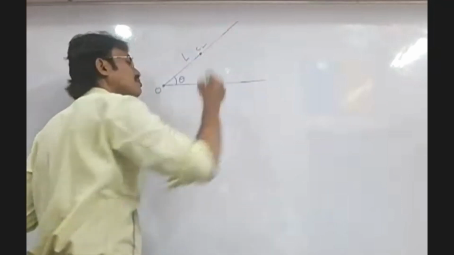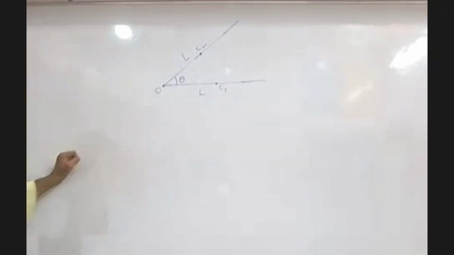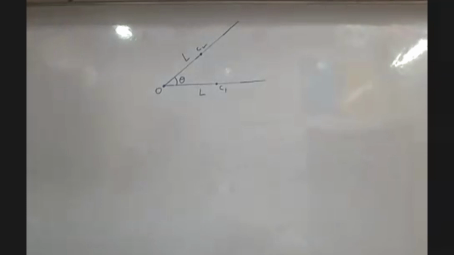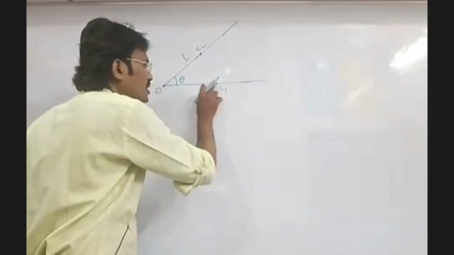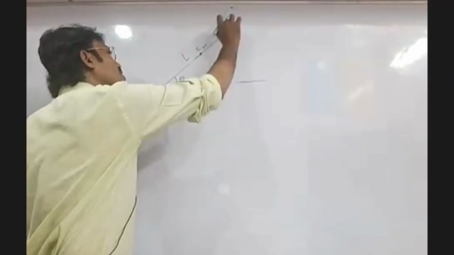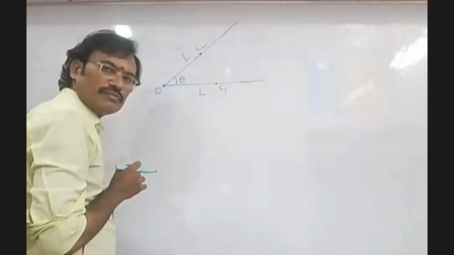This is C2. At the center of the rod here, the center of mass is present.